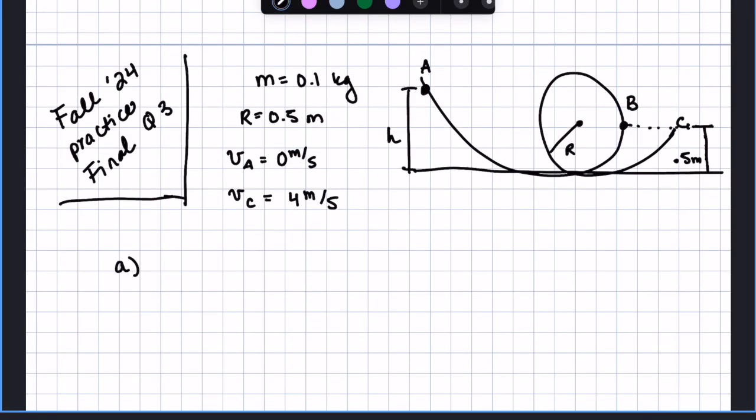So for part A, we want to know H. So I'm going to write out my E total at A is equal to my E total at C.